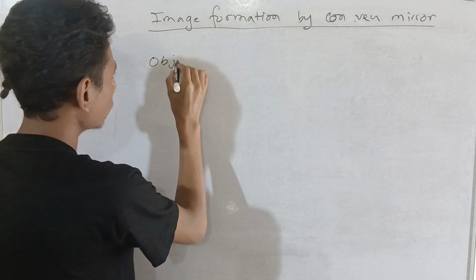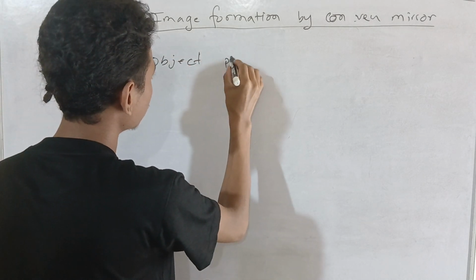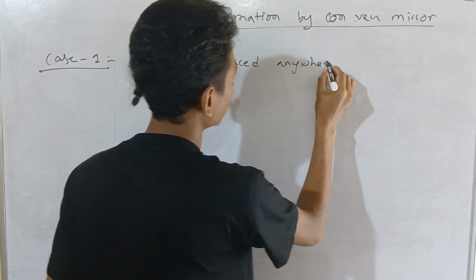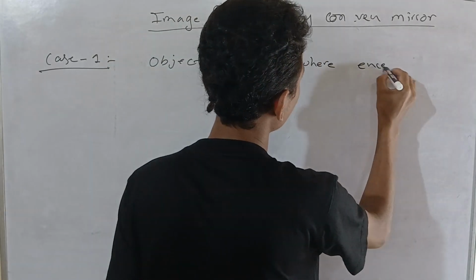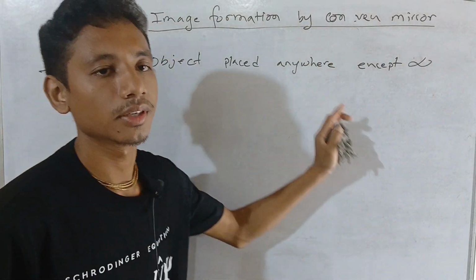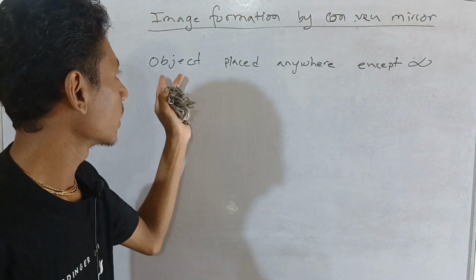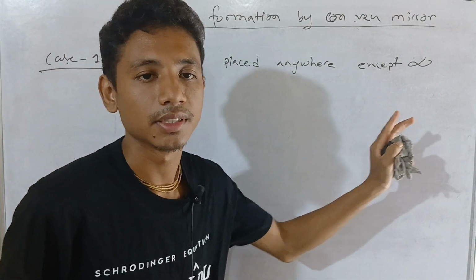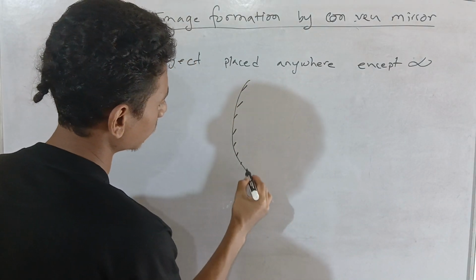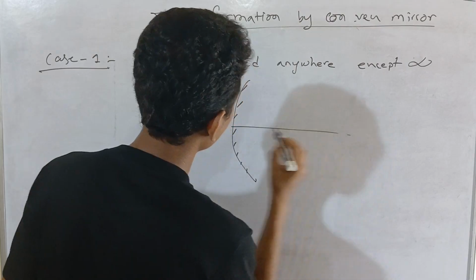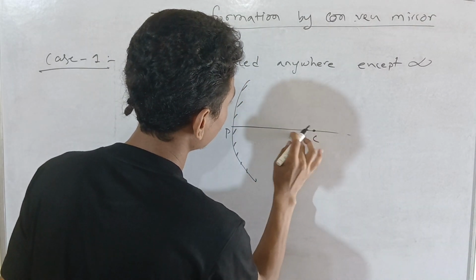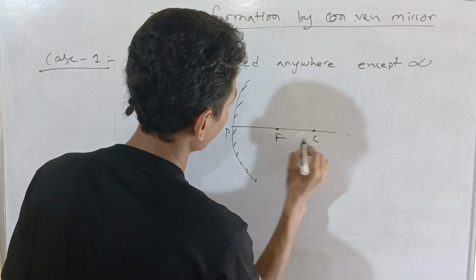Case 1: object placed anywhere except infinity. If this is the mirror, this is the convex mirror, this is the principal axis, this is the pole, this is the center point, and this is the focus point.